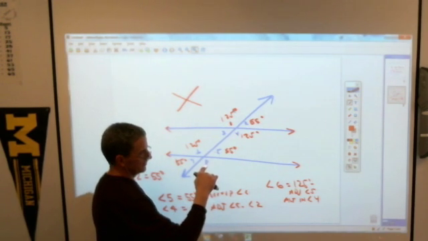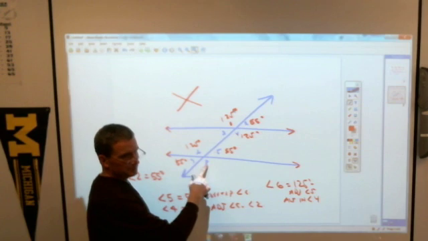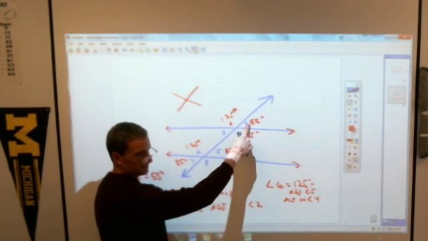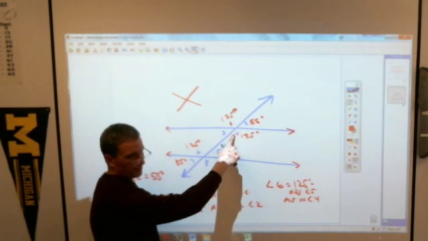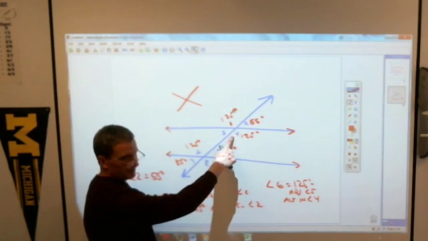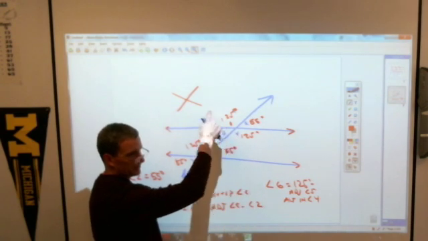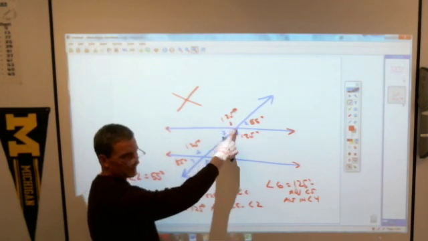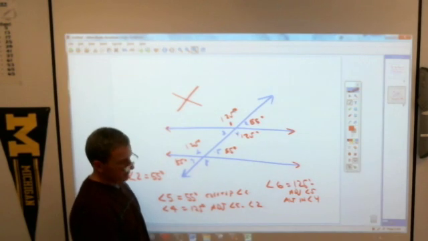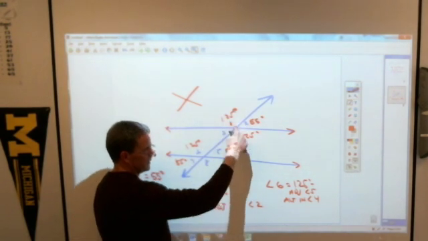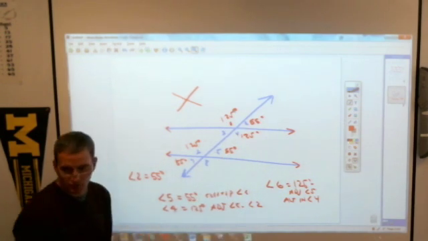Angle 8? It is not adjacent to angle 8. Adjacent means it shares a side. It's adjacent to 3 and it's adjacent to 2. Okay. All right. Another reason, Zach? If two parallel lines are cut by a transversal, then opposite angles are equal. Again, you don't have to say the transversal thing if it's opposite angles. And then the last one is... Oh wait. We had adjacent, opposite, and the last one is... There's one more.